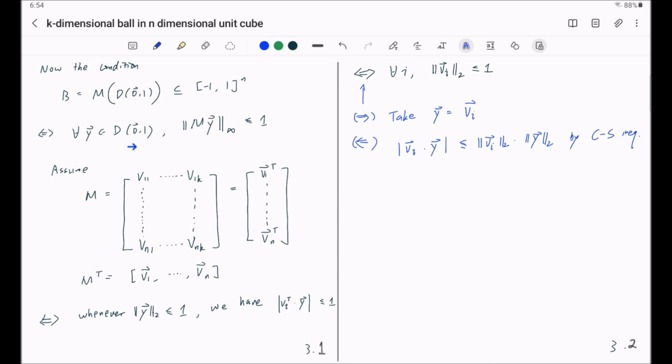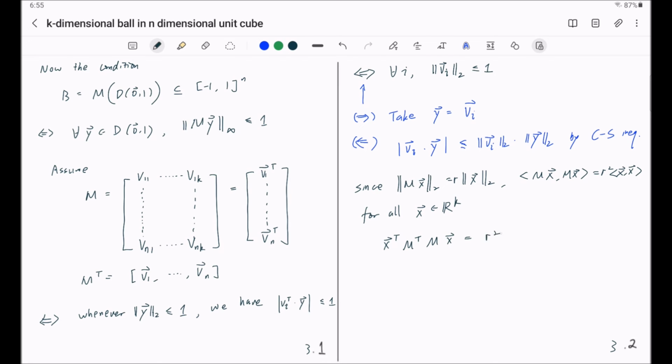And now we have transformed this statement to a much simpler statement about the matrix M. Since we know this M is really a dilation, you can write it in the inner product form for all x in R^k, because M is a similitude, so dilation by R. And if you write this back in matrix form, you have x transpose M transpose M x equal to R squared x transpose x.